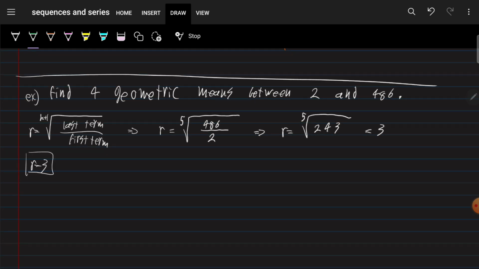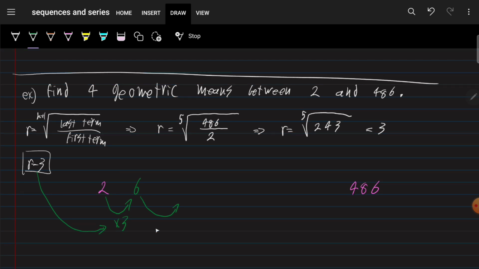Now, how do we find the actual geometric means? Well, we started with 2. We want 4 geometric means between 2 and 486. To get the first geometric mean, we grab 2 and multiply it by 3, our common ratio. That's going to give us 6. To get the next one, we grab 6 and multiply it by the common ratio again, so that's 18.